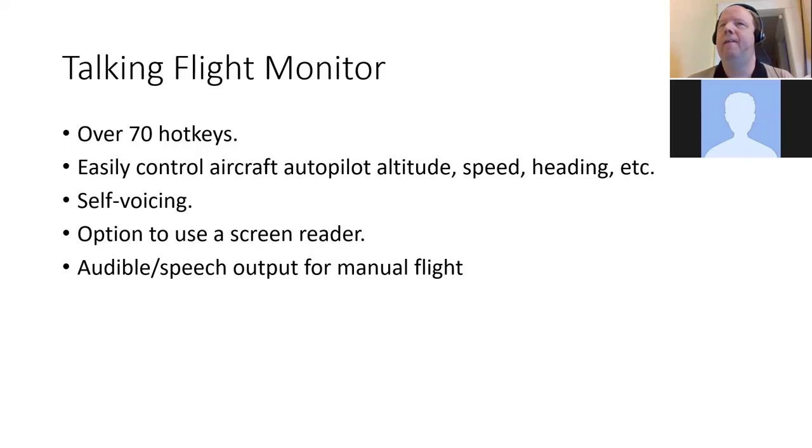For example, localizer and glide slope, when we're talking about landing in an airplane, is critical. Ground speed is essential for takeoff. FMC messages, which the onboard computer will propagate, are critical and usually indicate misconfiguration or an error somewhere.